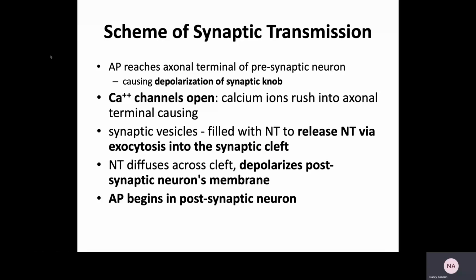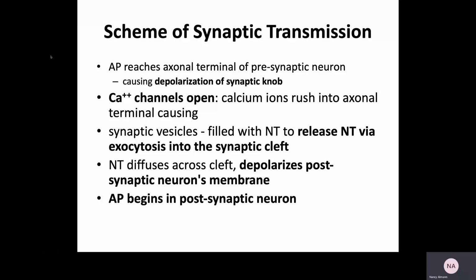So we just went over this, but we're going to add a little bit more to the information that you already know. That action potential travels down the axon and reaches the synaptic end bulb of the presynaptic neuron. That will cause that synaptic end bulb to depolarize. That means calcium channels will open and calcium will rush in from the extracellular fluid.